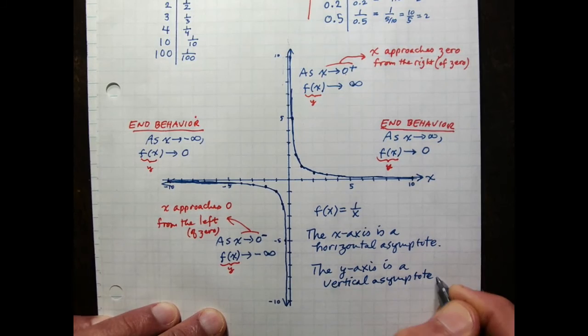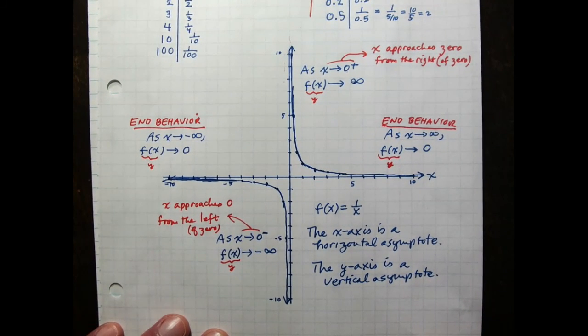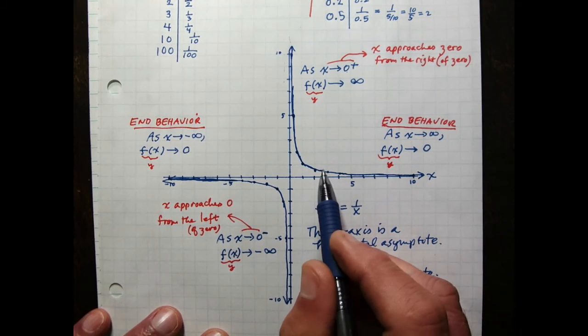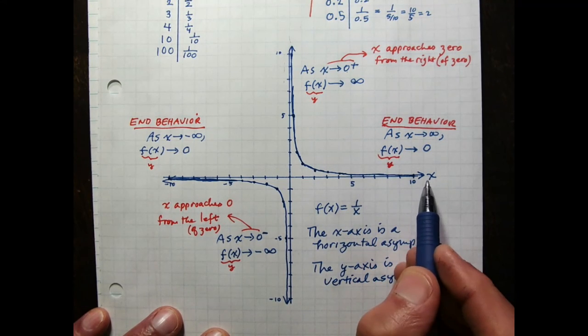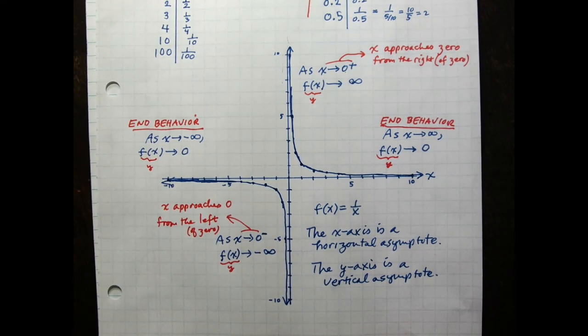So an asymptote is a line that a graph approaches, but may never actually even cross it, just gets closer and closer and closer to it. And so there it is.